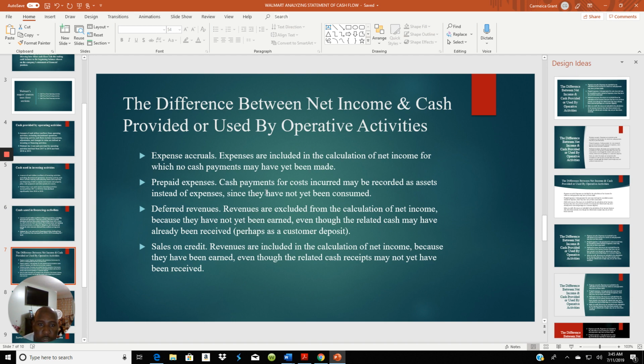The difference between net income and cash provided by operating activity. Accrued expenses, or increases: expenses are included in the calculation of net income for which no cash payments may have yet been made.